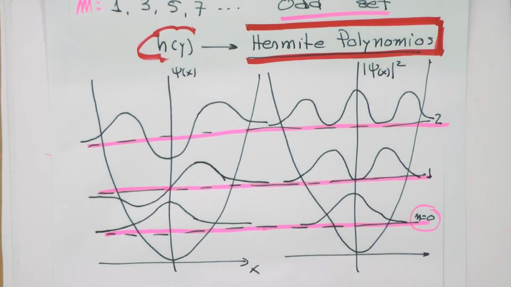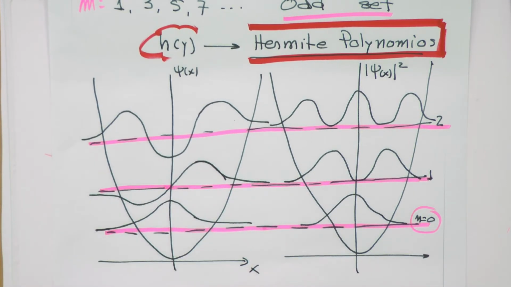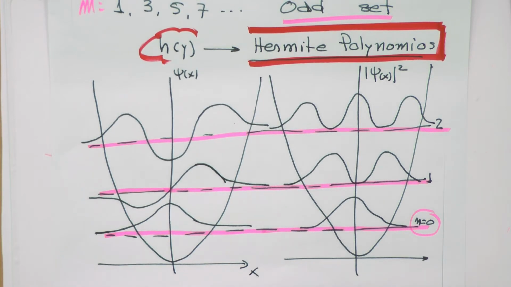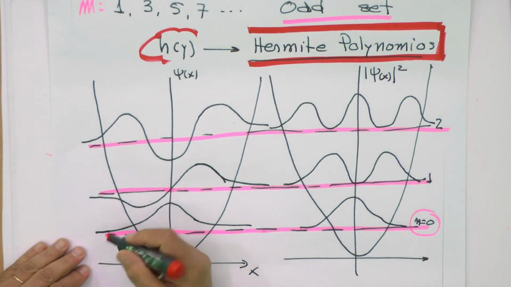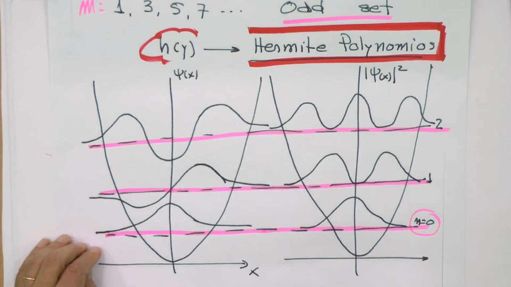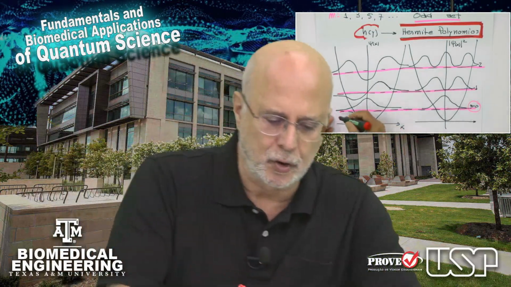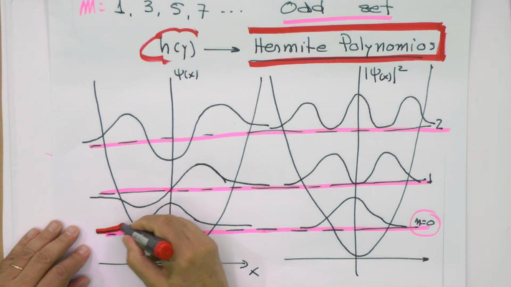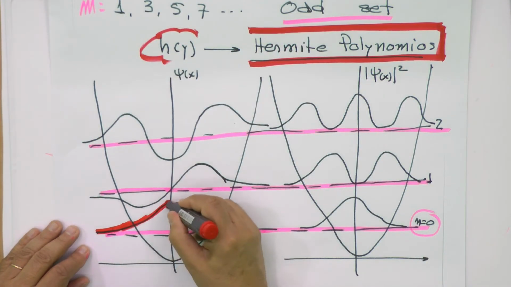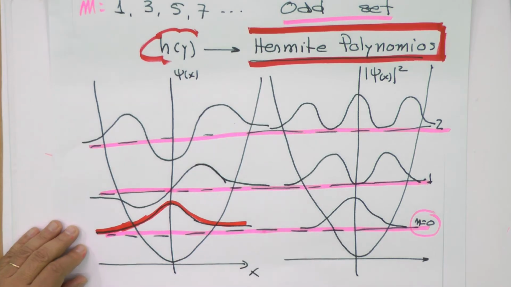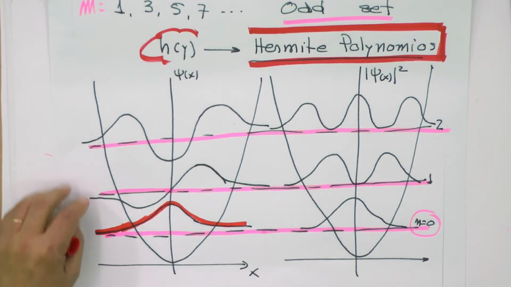And here, what I'm plotting on the left is the wave function itself, and on the right is the probability density. So the first function, if I take only A0 times the Gaussian, is a Gaussian. That's the Gaussian.